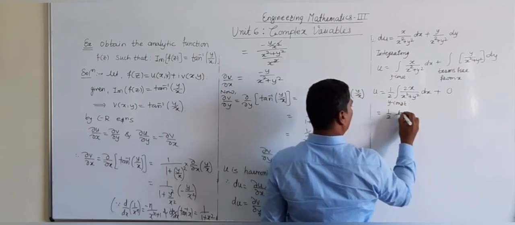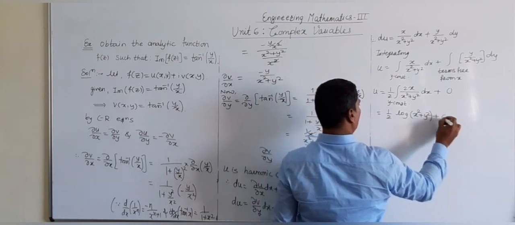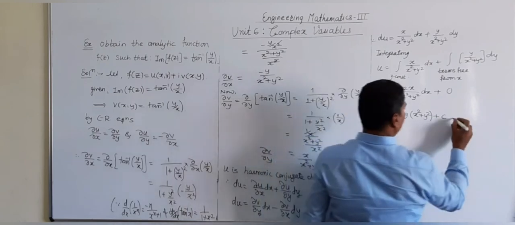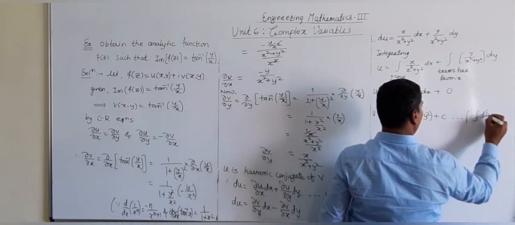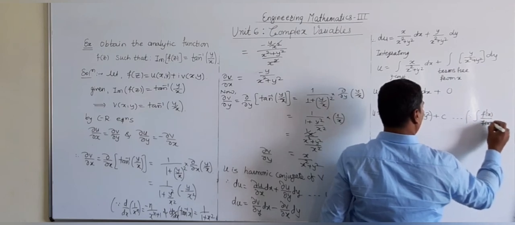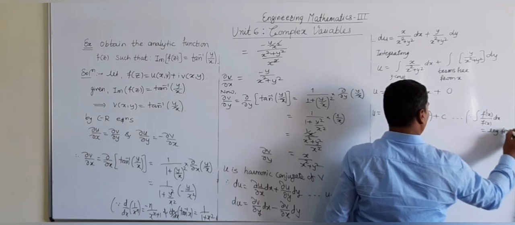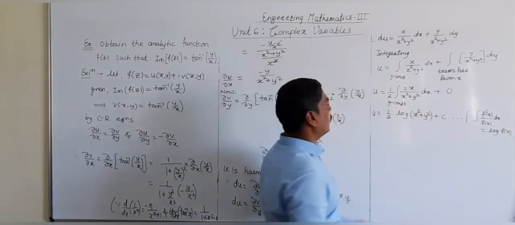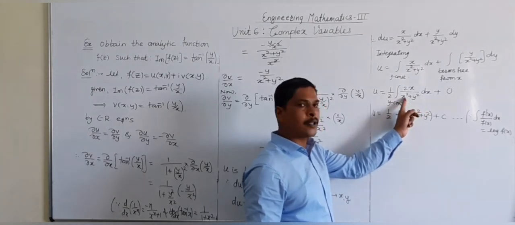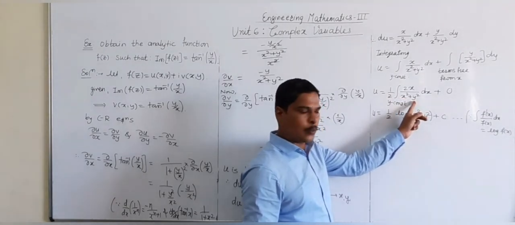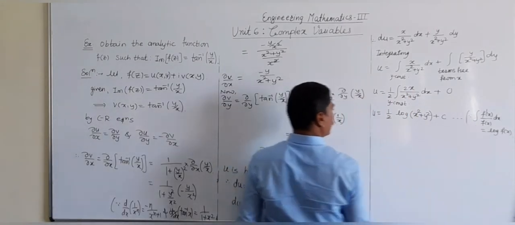We get 1 upon 2 into log of x square plus y square plus a constant of integration c, since the integration of f dash of x divided by f of x dx is equal to log of f of x. Using this standard formula, the derivative of x square plus y square, where y is constant, is 2x for x square and 0 for y square. So 2x is present in the numerator, and that's why we are using this standard formula.